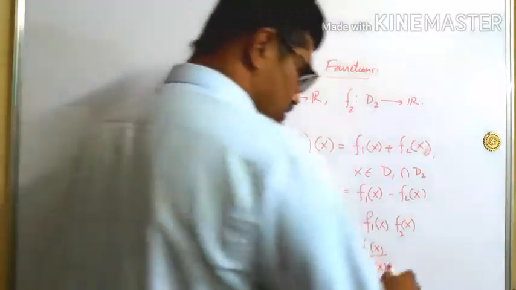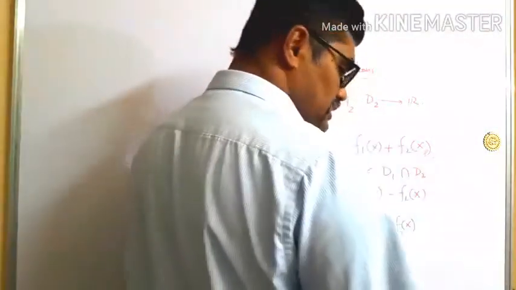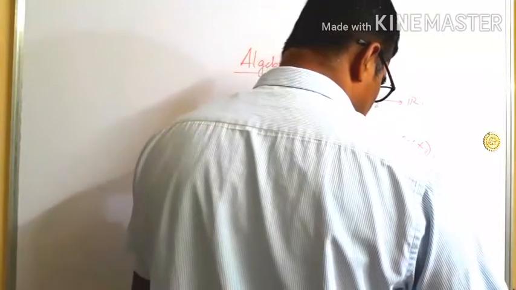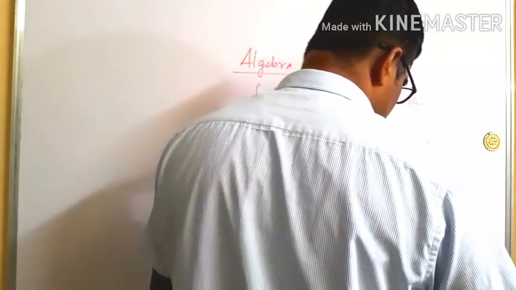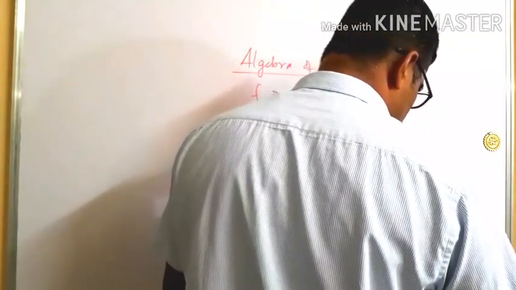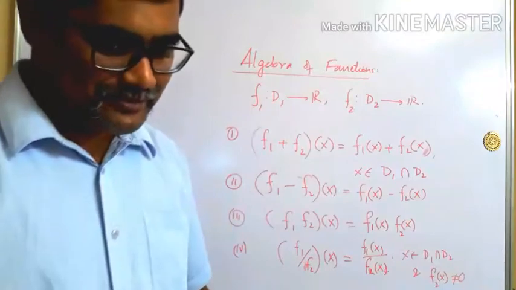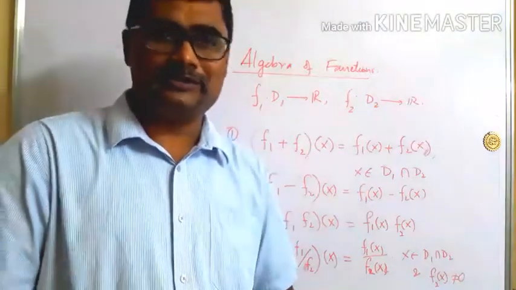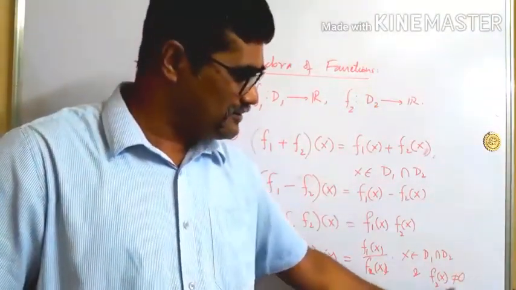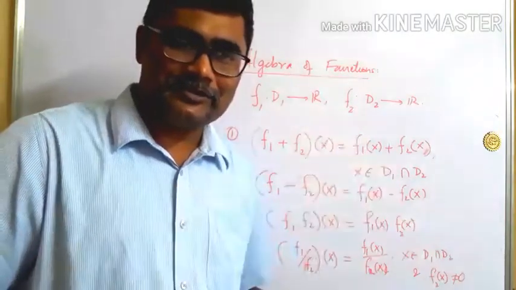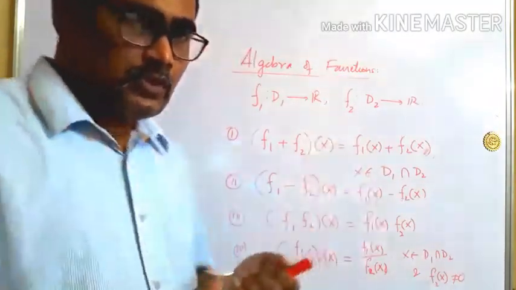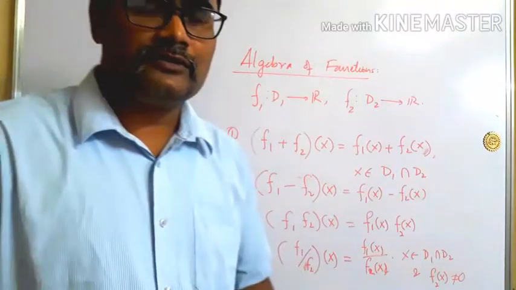So first of all, x belongs to D1 intersection D2 and those values where F2(x) is not equal to 0, because if it becomes 0, you will not be able to define this. So these are the algebra of functions.